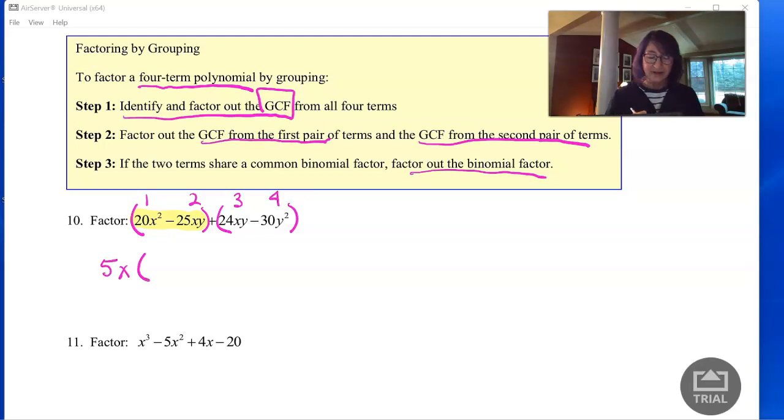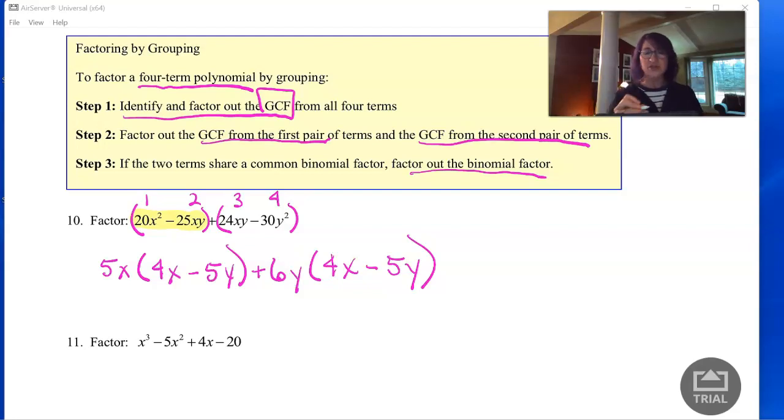So then I am left with 4x minus 5y. Out of my second pair, I'm going to take out a GCF. That one, I can take out a positive 6y. And so then I am left with 4x minus 5y.